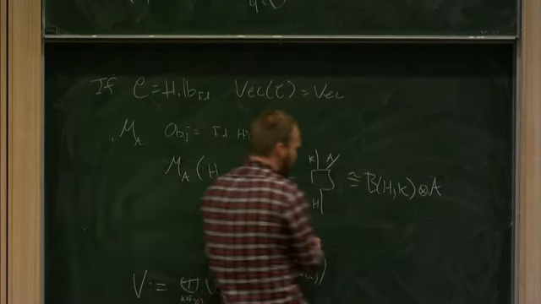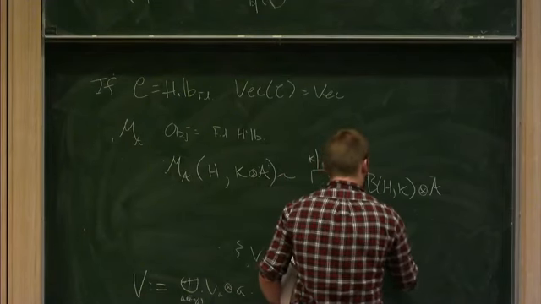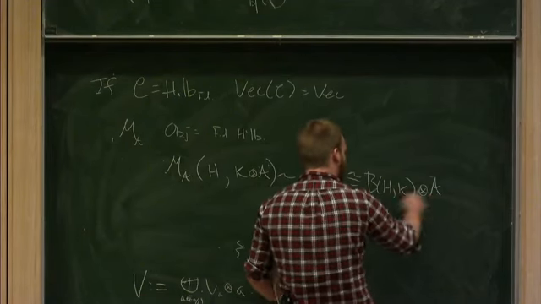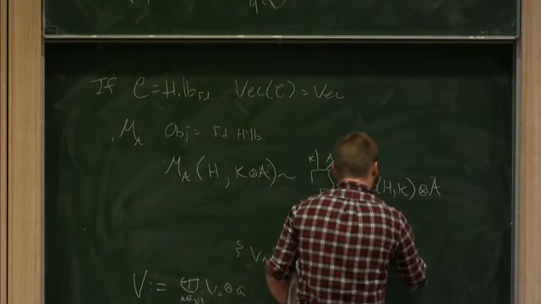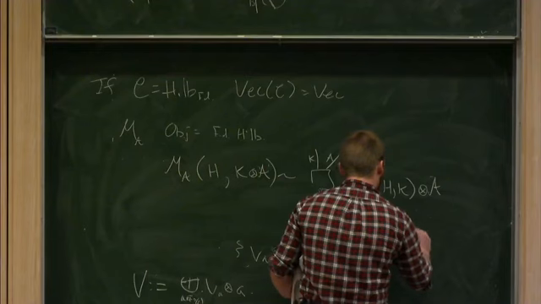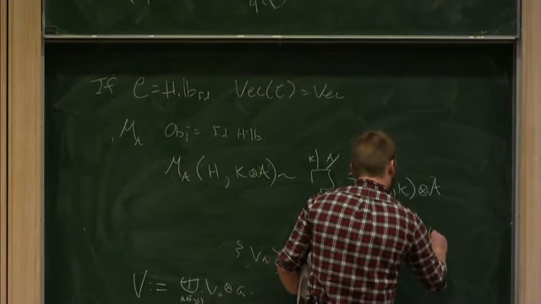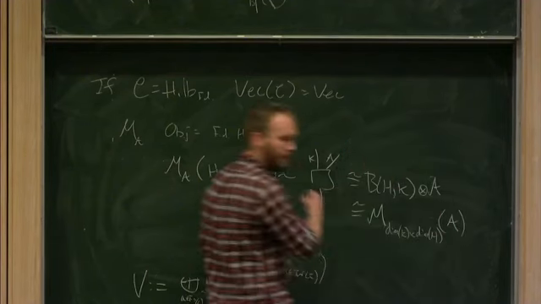And this is isomorphic to the matrices with entries in A, dim K by dim H, with entries in A. Okay?